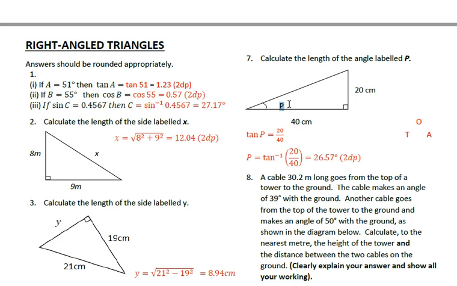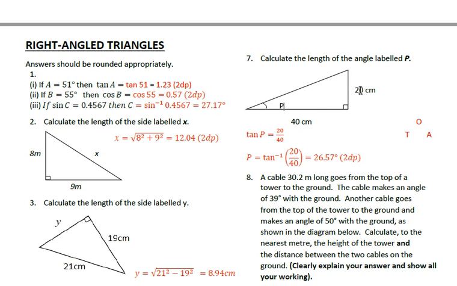Alright, so we still stick with trigonometry, still stick with SOHCAHTOA, but we're going to use reverse trigonometry because we're not given the angle. Remember over here, this one, sine C, we were not given C, so we had to use the reverse of sine, sine to the power of minus 1, the inverse sine, because we're not given the angle C. We're trying to figure out our angle C. Over here, we're trying to figure out our angle P, so we're going to have to use our inverse, whatever it is, SOH, CAH or TOA.